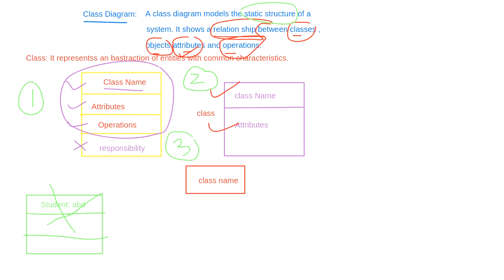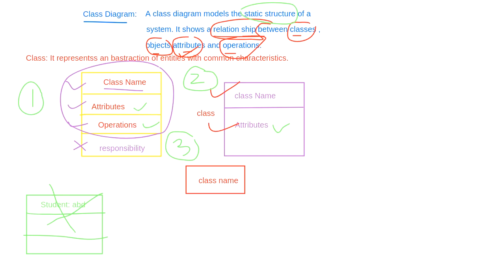Next, let's see one more thing: when you give any attributes or any operations, they have some visibility. Attributes and operations have visibility.